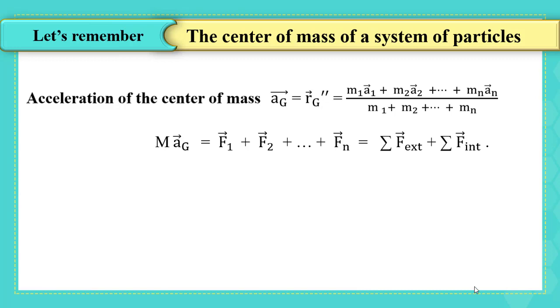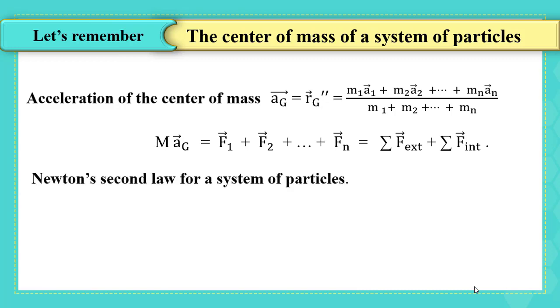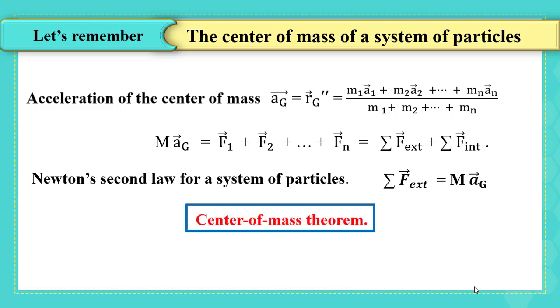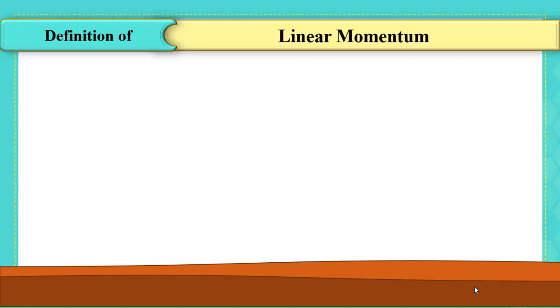Sum of f internal is given 0 by the principle of interaction, so Newton's second law for a system of particles is given by sum of f external equals m a vector g, and this is called the center of mass theorem.